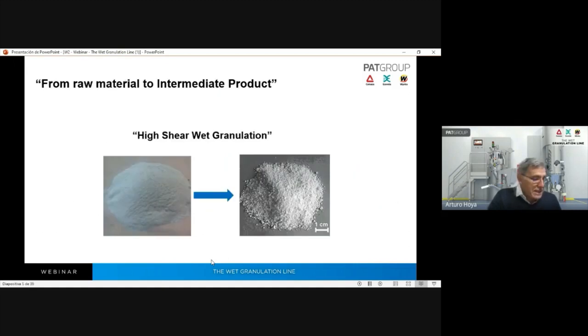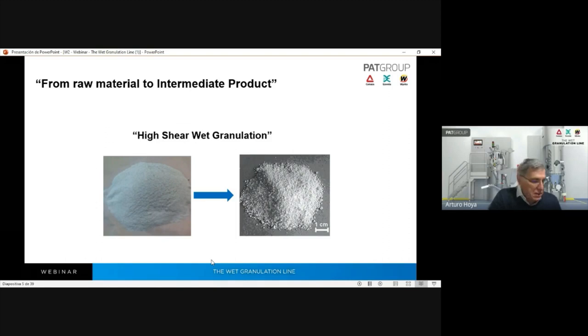Well, this slide shows the transformation of fine powders, the raw material, excipients, and API, when we apply wet granulation in high shear.